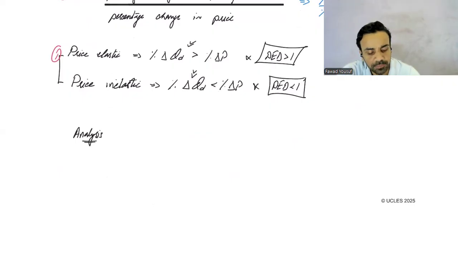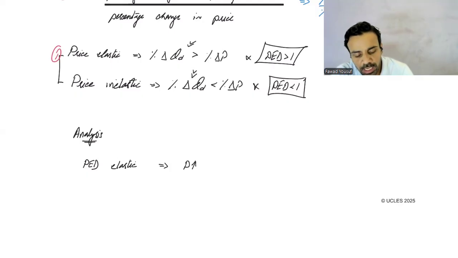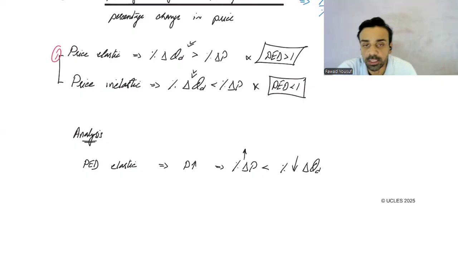If you write that if PED is elastic and if the price increases, what we know is that a percentage rise in price will be smaller than the percentage fall in the quantity demanded.